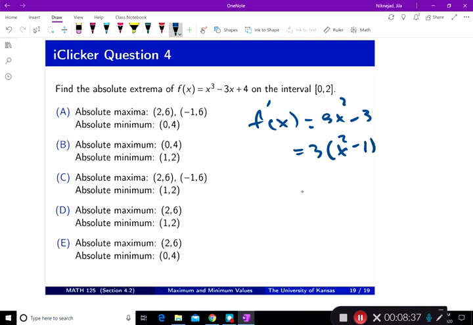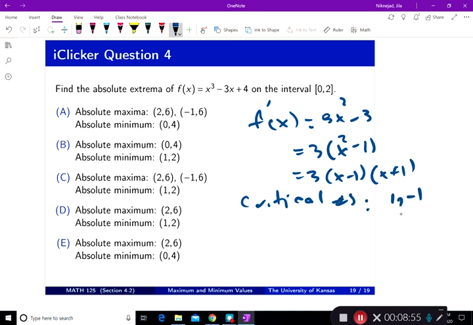Factoring it further, I get 3 times (x minus 1) times (x plus 1). The two critical numbers are 1 and negative 1. One of them is in this interval, and that would be 1. The other one is not, so we ignore that.